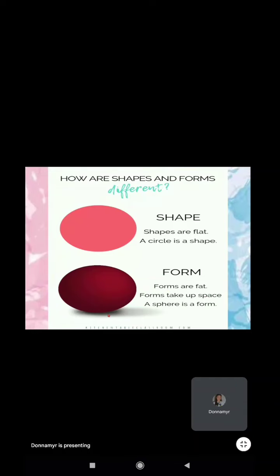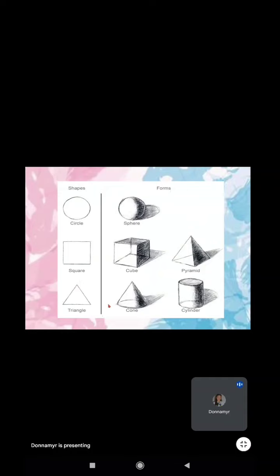So, this another example. So, ang shape and form is parang tulad natin siya sa drawing ng isang bata at adult. So, ang mga bata is simple circle lang ang kayang drawing.